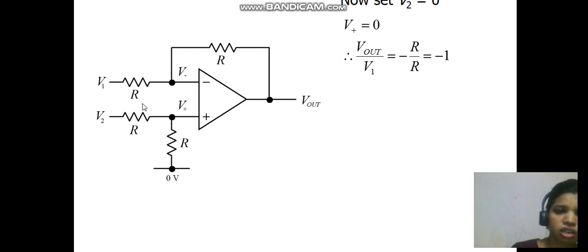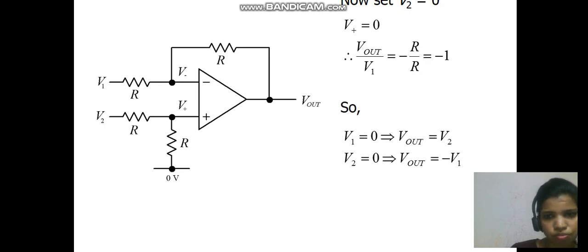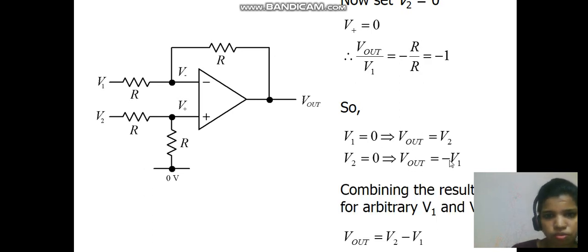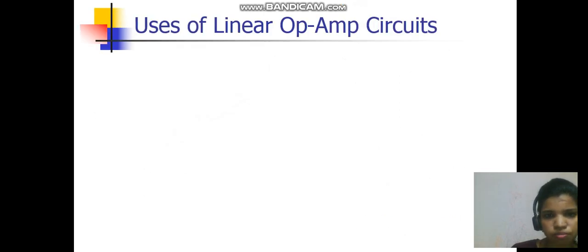If all the R are equal, then V out equals V1 minus V2. If V2 is 0, then V out equals V1. If V1 is 0, V out equals V2. If V2 is 0, V out equals minus V1. So combining the results, it is V2 minus V1.